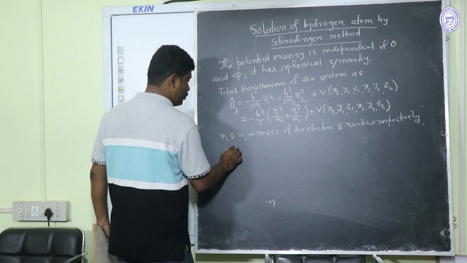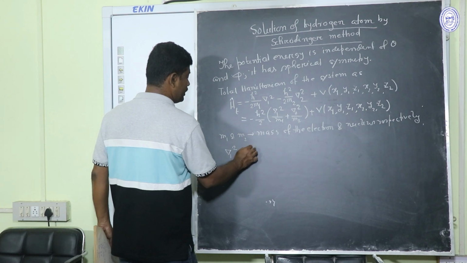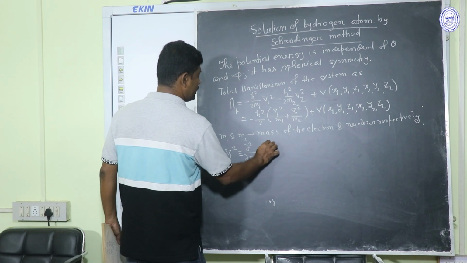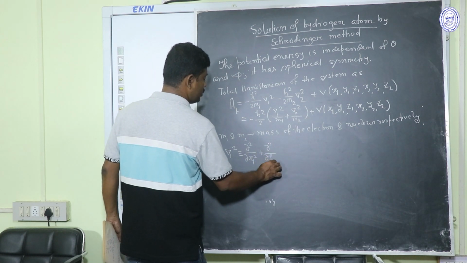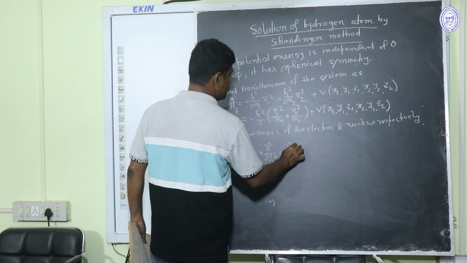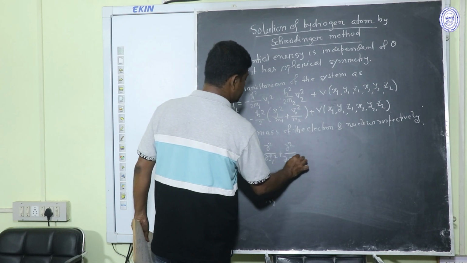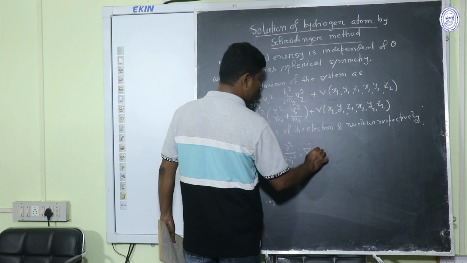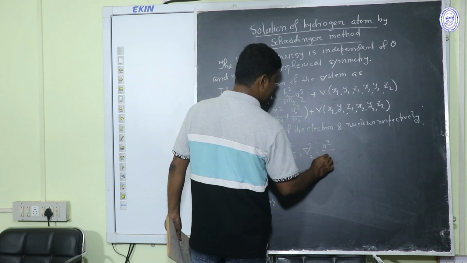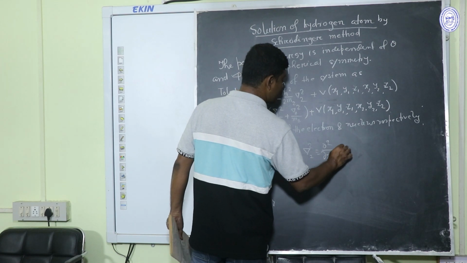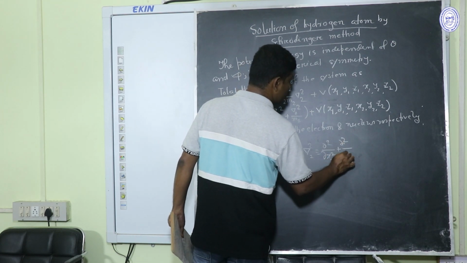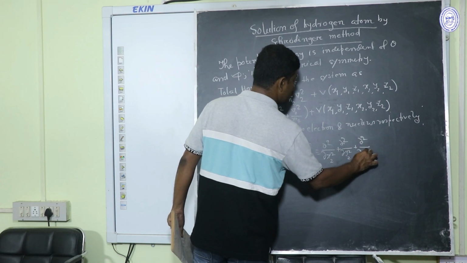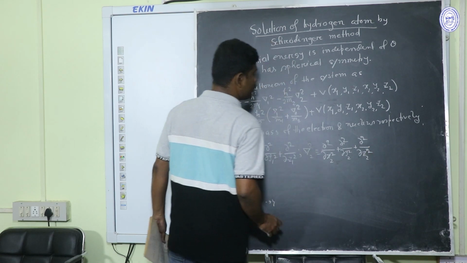And Laplacian operator 1 square is equivalent to del 2 by del x1 square plus del 2 by del y1 square plus del 2 by del z1 square, and Laplacian operator 2 square is equal to del 2 by del x2 square plus del 2 by del y2 square plus del 2 by del z2 square.